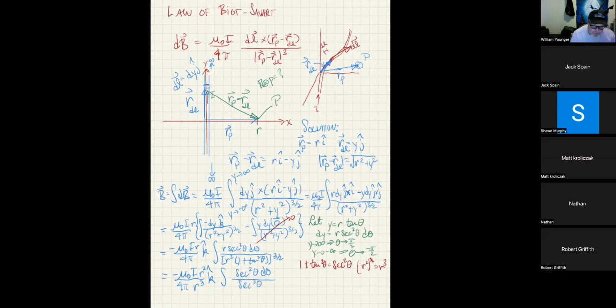So those all cancel out, leaving a secant in the bottom, but 1 over secant, I think you all know, is, anybody? Cosine. So I now have negative mu 0 I over 4 pi r. That's the only r that existed. k hat integral from negative infinity to pi, or excuse me, negative pi over 2.